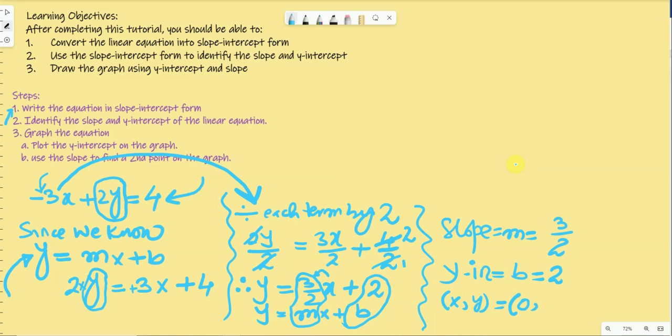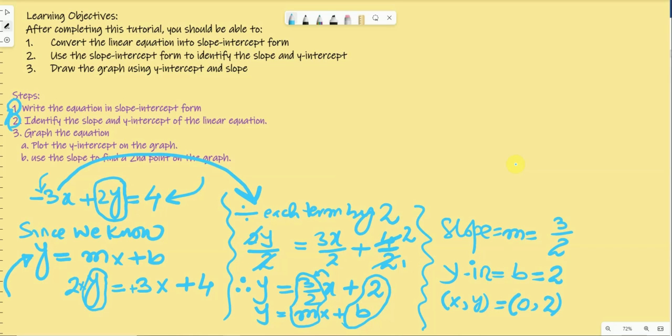And y is 2, that is the coordinates of y-intercept. So we have performed step number 1. We have already performed step number 2. We have already identified our slope and y-intercept.